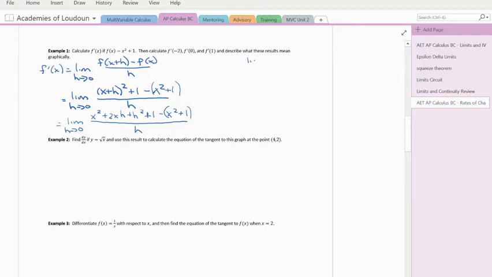The x squareds cancel out, the 1s cancel, and we have 2xh plus h squared over h. Then, the limit as h approaches 0 of 2x plus h equals 2x.